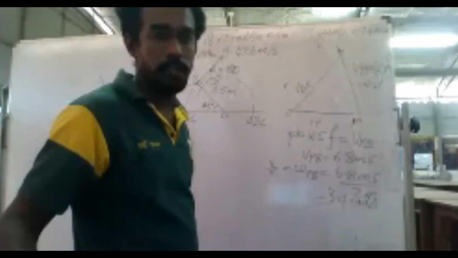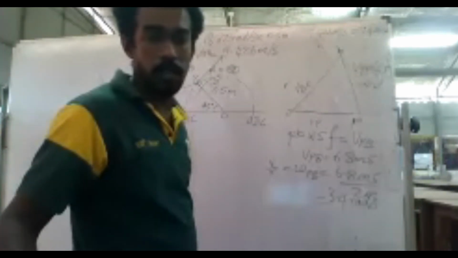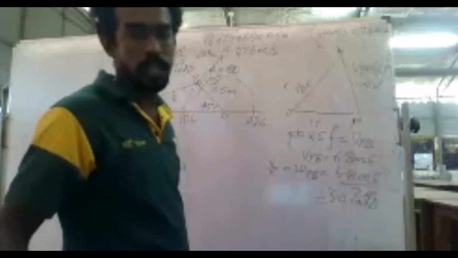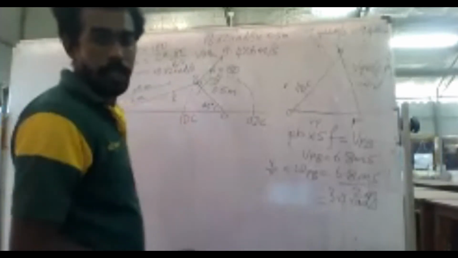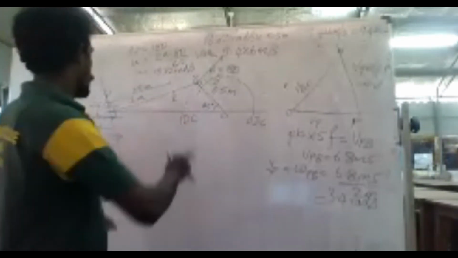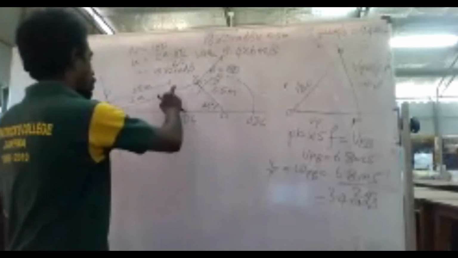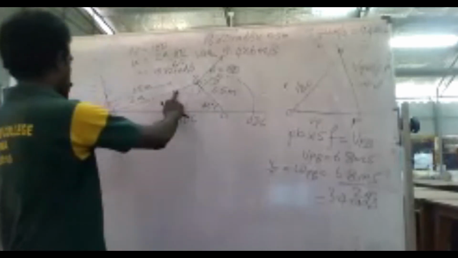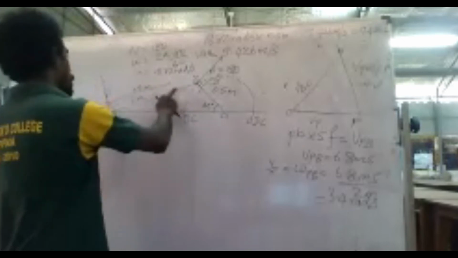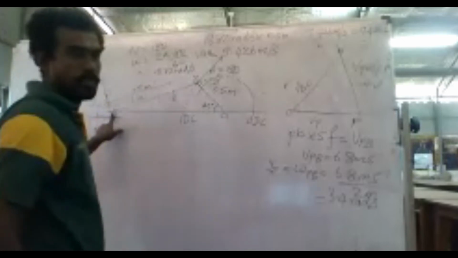Then our third question is the velocity of point E on the connecting rod, 1.5 meter from the gudgeon pin.